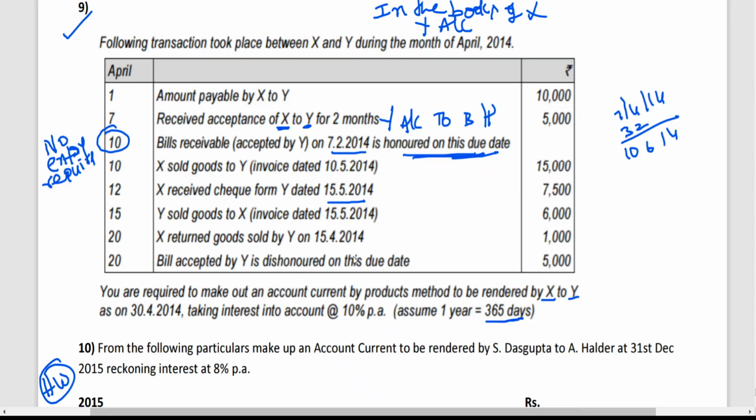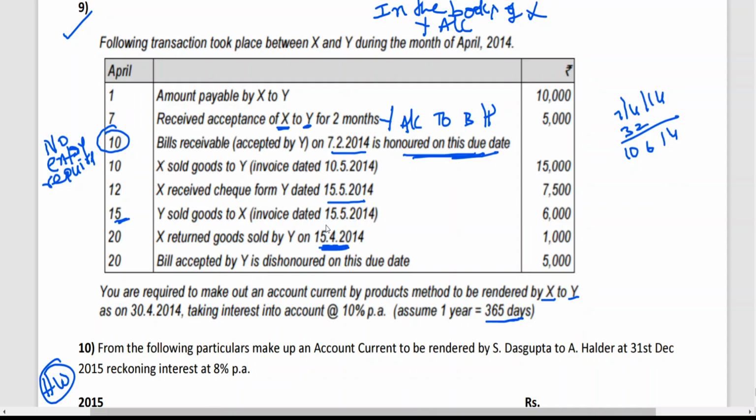Now he has given the date. Have you seen? Return goods sold by Y on 15th April. That means the 15th April goods were purchased, and that has been returned. You should not take 15th April.